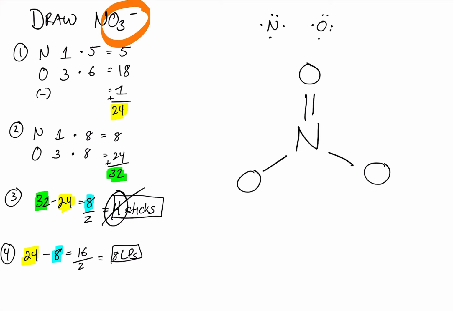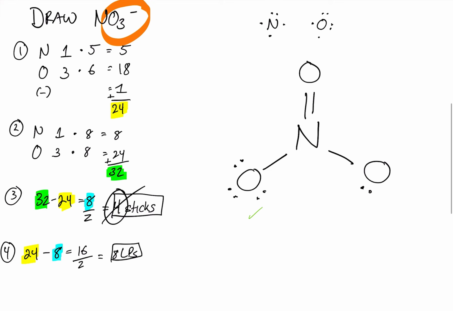So if we look at our oxygens, this oxygen in particular only has 2 electrons to begin with. That 2 is found here. It's in the bond, sharing 2 electrons. So by putting another 3 pairs of electrons, we now have 8. That oxygen is good. We're going to do the same thing to the other oxygen atom here.